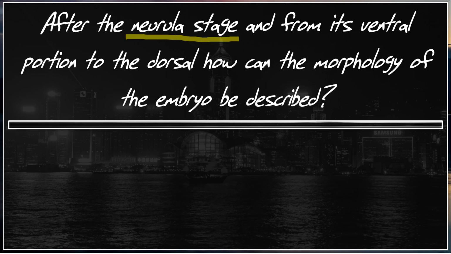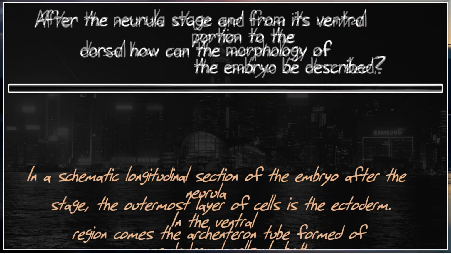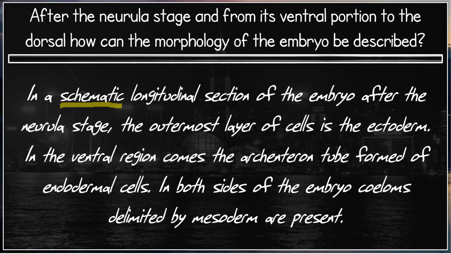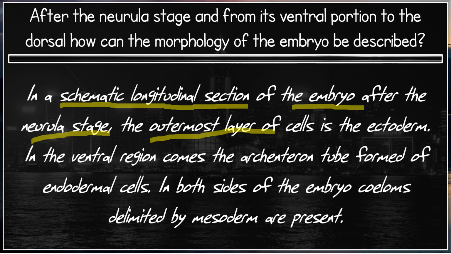After the neurula stage, and from its ventral portion to the dorsal, how can the morphology of the embryo be classified? The schematic longitudinal section of the embryo after the neurula stage. The outermost layer of cells is the ectoderm. In the ventral region comes the archenteron tube, formed of the endodermal cells.